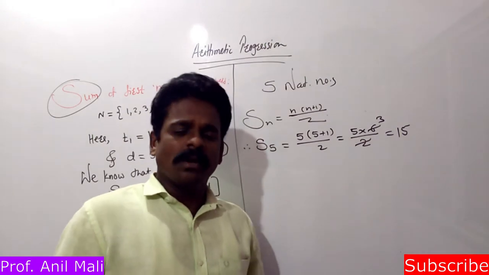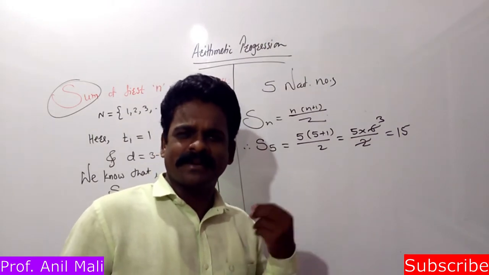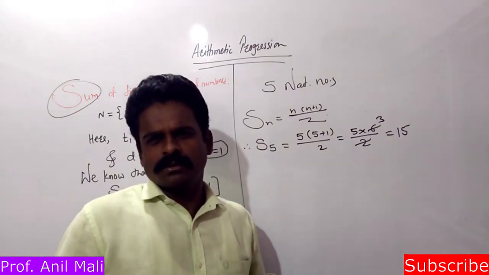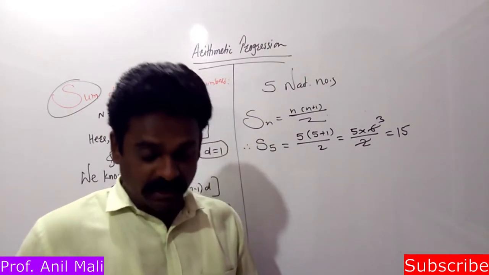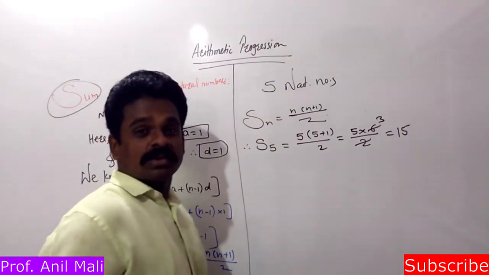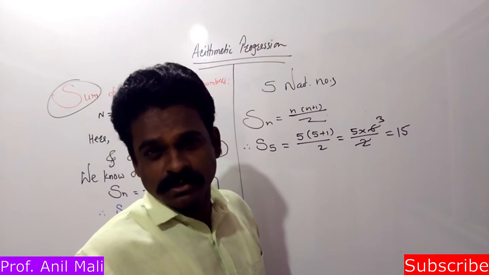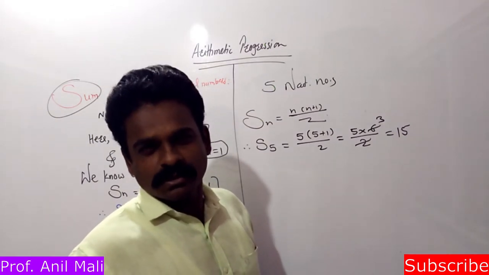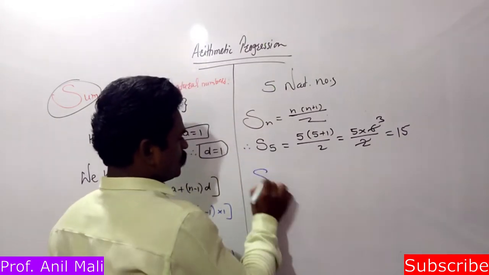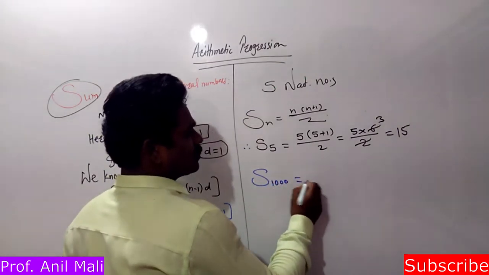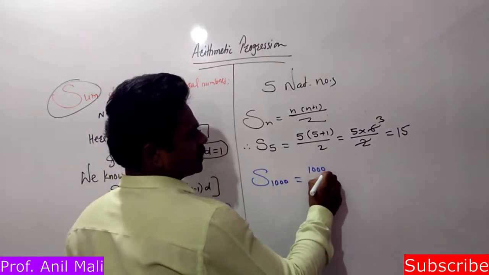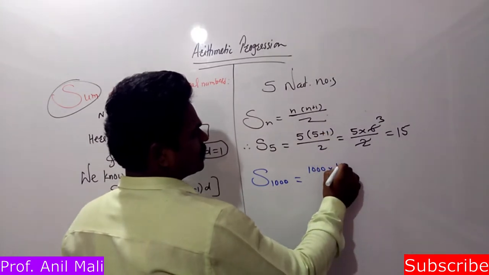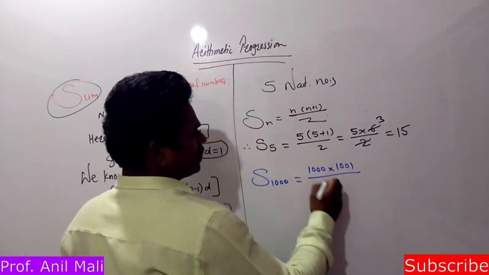They can give you 100, 200, 300, 500, 1000 terms. No problem. Suppose they have given 1000 terms, find the sum of first 1000 natural numbers. So S1000 is equal to 1000 into 1000 plus 1, that is 1001, divided by 2.